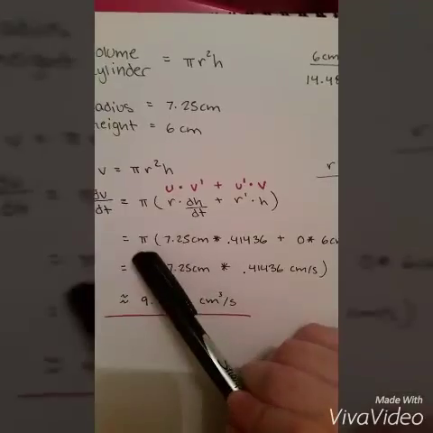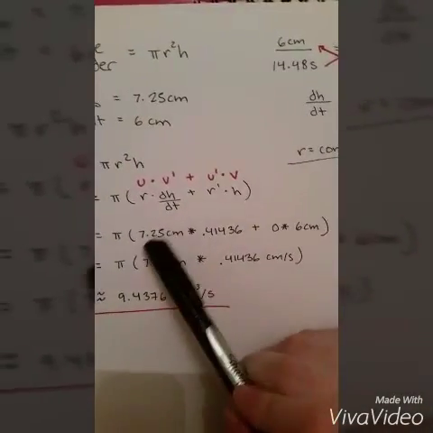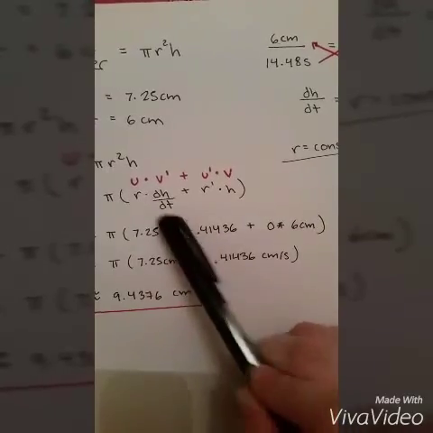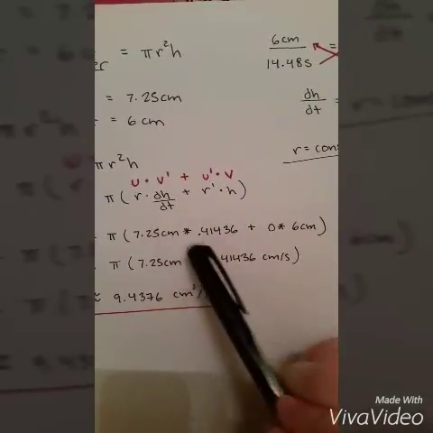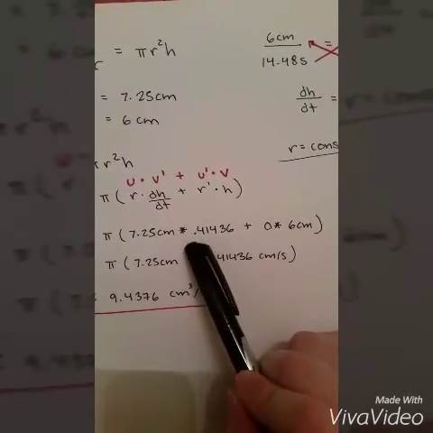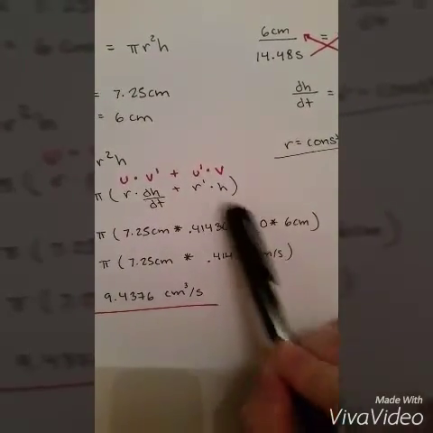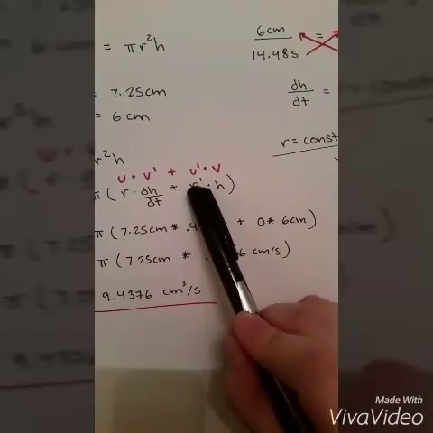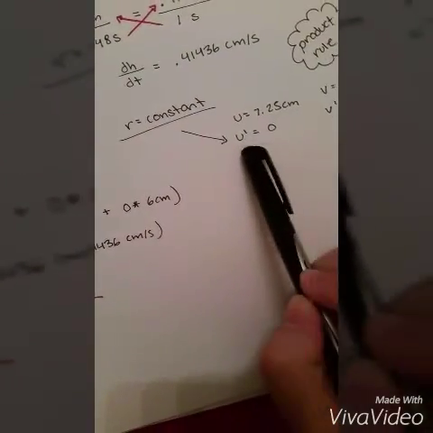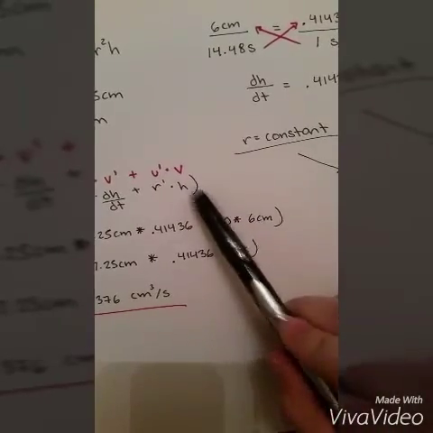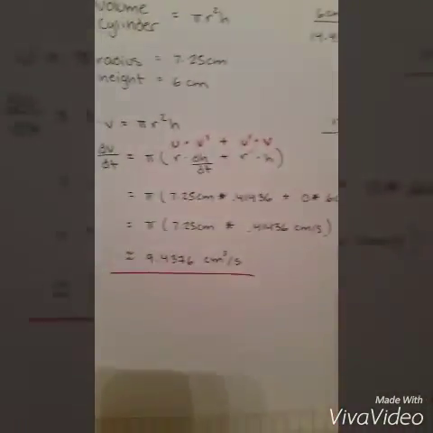So we bring down the pi, parentheses, our radius is 7.25 centimeters, times our dH/dt, which we found, which was 0.41436 centimeters per second, plus, since U prime was 0, since r is a constant, would be 0 times 6 centimeters, which is the height. So this would just cancel out.